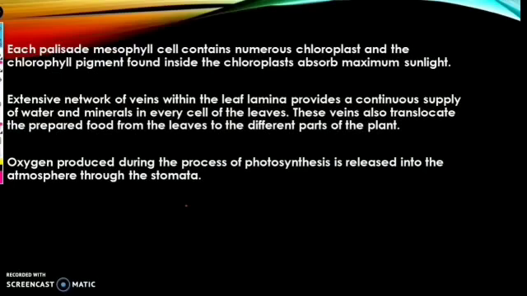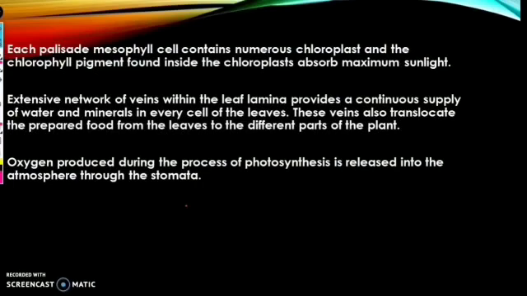Xylem and phloem. So xylem will provide the water molecules, or simply the water, that is required for photosynthesis, and phloem will transport the prepared glucose in the leaf to the different parts of the plant body. So the veins are also very useful because they contain the vascular tissues, the transporting tissues, that is xylem and phloem.